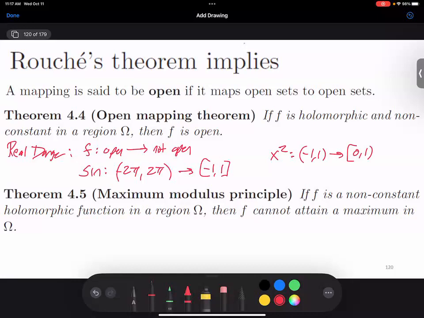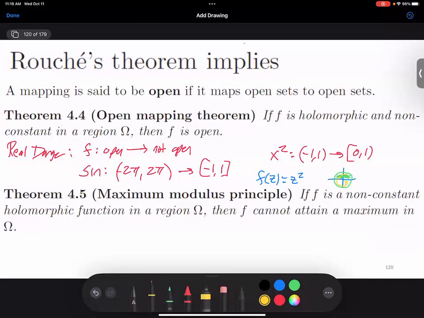So somehow things have to be very different in the complex world. If I do f of z is z squared, now rather than looking at an interval, I'm looking at, say, a disk centered at the origin. The upper half of the disk actually expands and fills the whole thing.